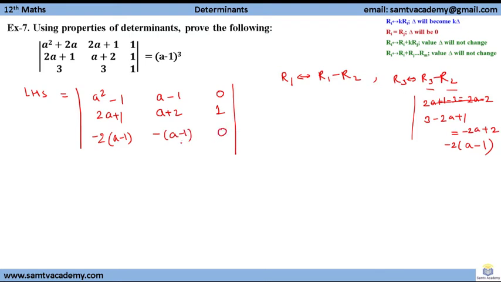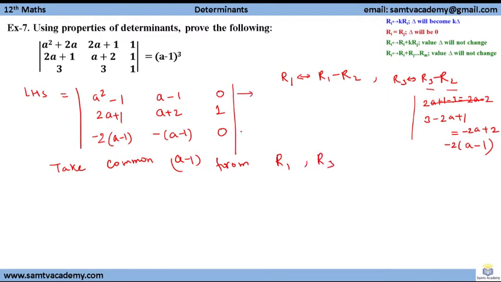Now again we are going to take a minus 1 common, from row 1 and row 3.